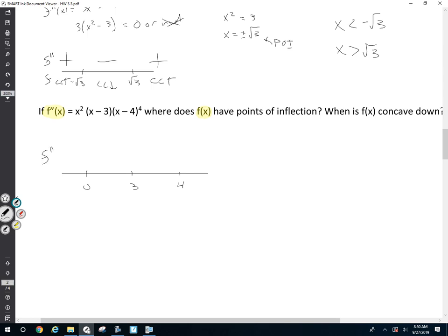So let's see, second derivative, plug in 5, positive, positive, positive. Plug in 3.5, positive, positive, negative, but to the 4th power turns into a positive. So positive, positive, positive.